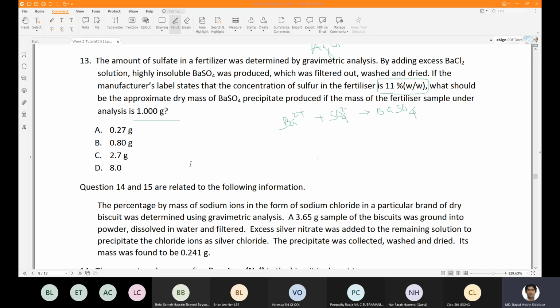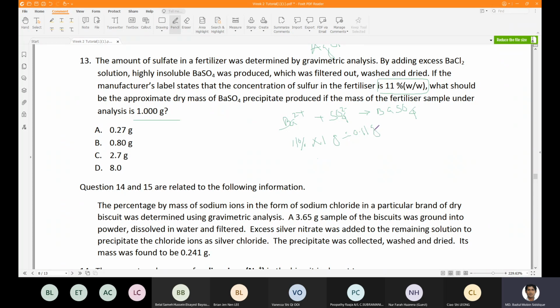So if 11% in 1 gram, or 11% of 1 gram is how many grams? 11% of 1 gram is how many grams? 0.11, right?